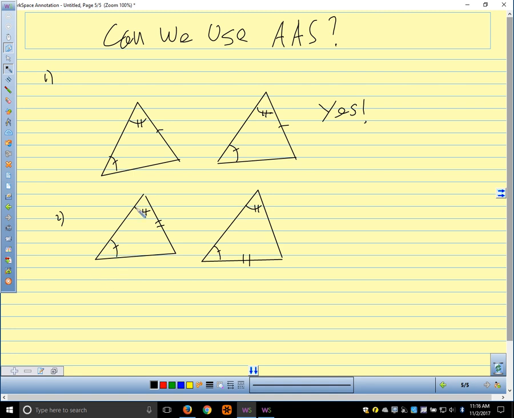So we have 1 tick mark, 2 tick marks, and then a 2 tick mark side. 1 tick mark, 2 tick marks, and then a blank, and then the 2 tick mark side. Or the other way we could look at it is the 2 tick mark side here is next to the 2 tick mark angle. 2 tick mark side here is next to the 1 tick mark angle. So this would be no, they don't match up in the right order. So we can't use angle-angle side.